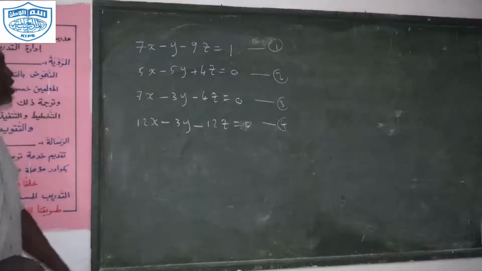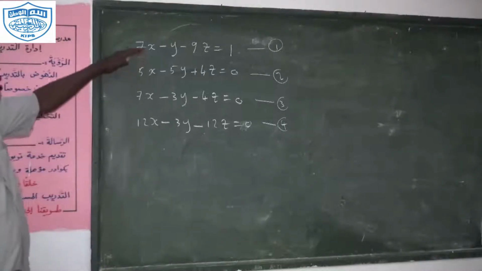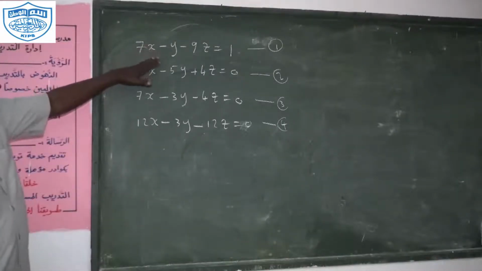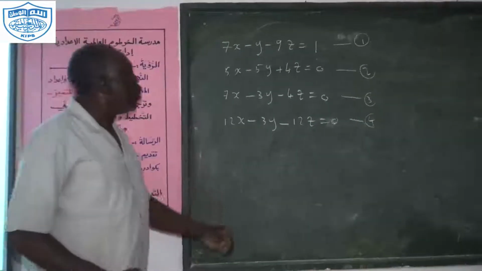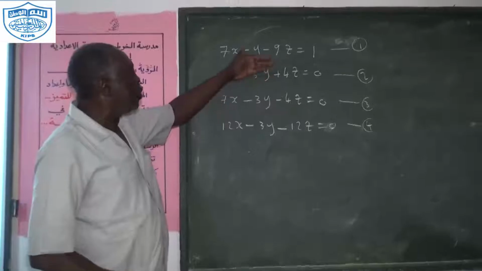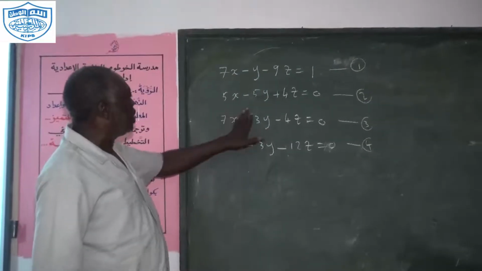To solve these equations simultaneously, you have to eliminate one unknown to put the equations in terms of two unknowns, for example x and y.